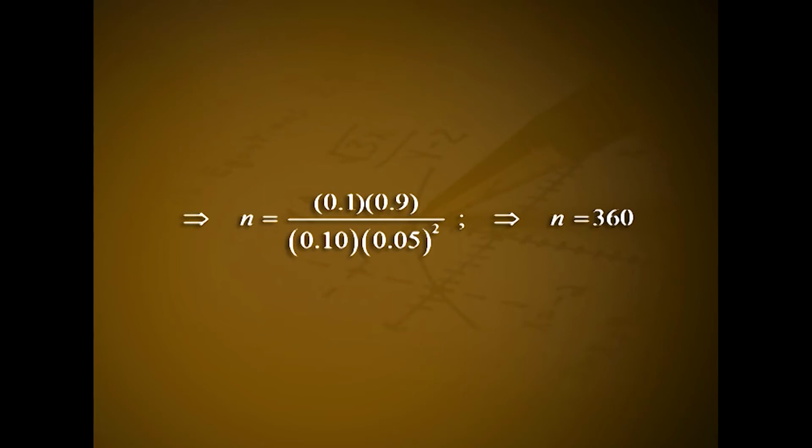To get the number of samples required so that the above probability is greater than 0.90, we have to find n such that 1 minus 0.1 into 0.9 divided by n into 0.05 square equal to 0.90. This implies n equal to 0.1 into 0.9 divided by 0.1 into 0.05 square. This implies n equal to 360.